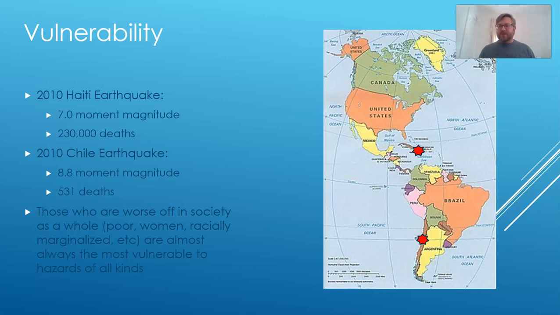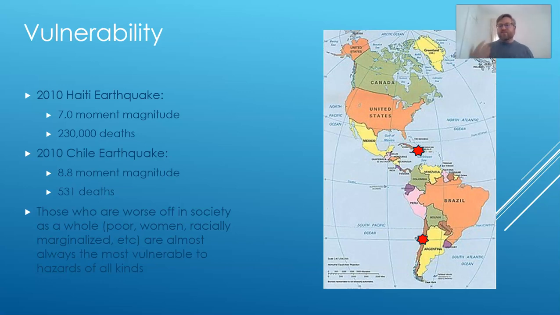But only 531 people died in Chile, despite the fact that the earthquake hit in Santiago, like the biggest city in Chile. This wasn't happening in some remote wilderness area where there just wasn't anybody around. The difference is vulnerability. The difference is that Haiti is a much poorer country than Chile. And so in Haiti, people didn't have the resources to respond to earthquakes.